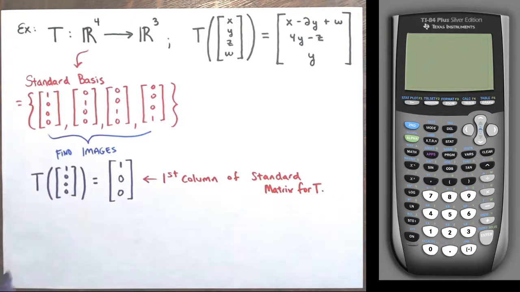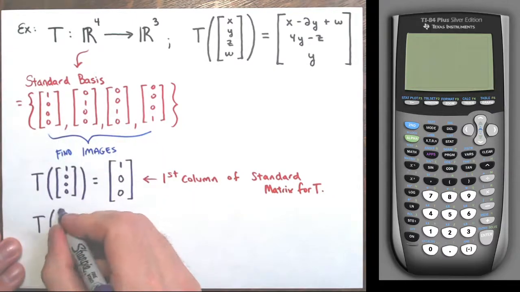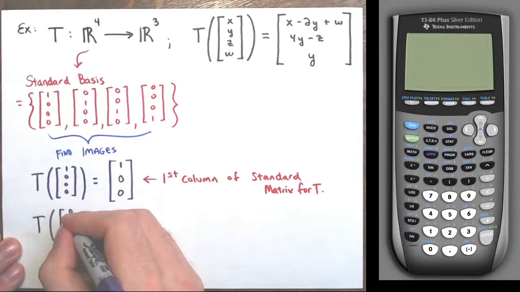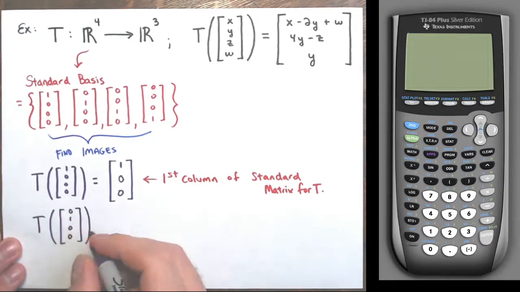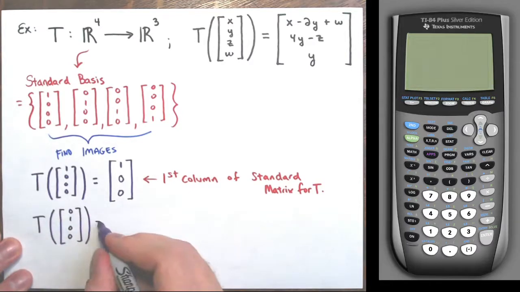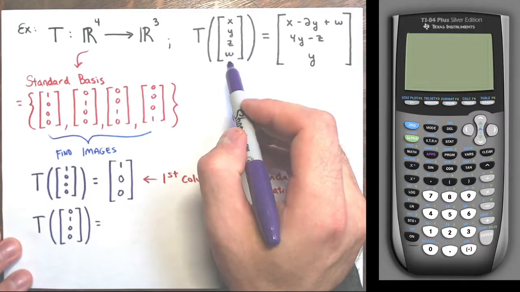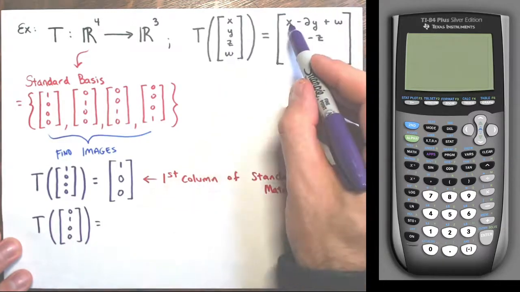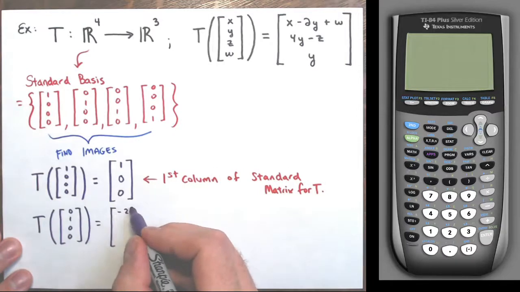Okay, now for the second standard basis vector, that second column of the 4x4 identity matrix, T of 0, 1, 0, 0. Again, this is 0 for x, 1 for y, 0 for z, 0 for w. So I'd have 0 minus 2 plus 0, so negative 2.